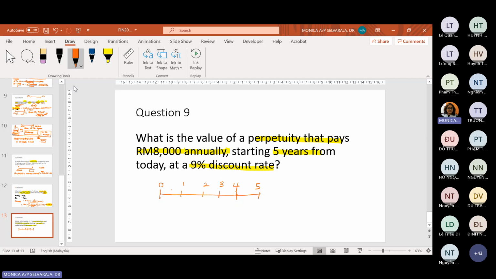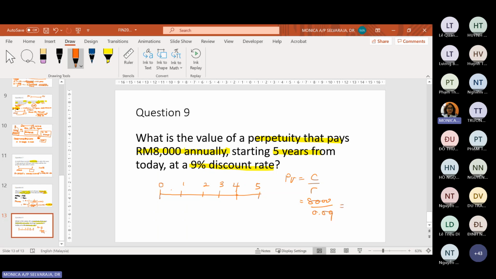So now I want to calculate the perpetuity value. It pays 8,000. So when I calculate my perpetuity value, the perpetuity value will be equal to C, cash flow, divided by r. So my cash flow will be 8,000. r is 0.09.